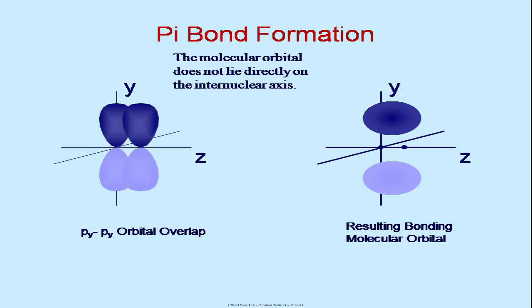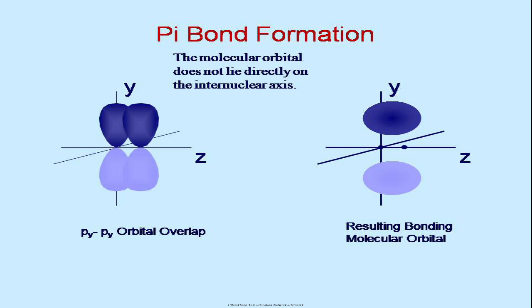For pi bonding formation, the molecular orbitals should overlap in a lateral fashion. This is the lateral fashion of overlapping in the case of pi bonding. The molecular orbitals do not lie directly on the internuclear axis, and they can remain in between the axes.